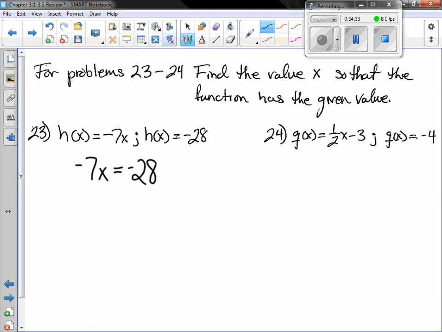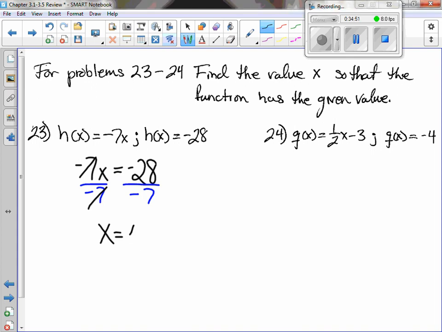So what would we need to do first? Because negative 7 and negative 7 will simplify to just x. Negative and negative would make a positive, so 28 divided by 7, and that's it.